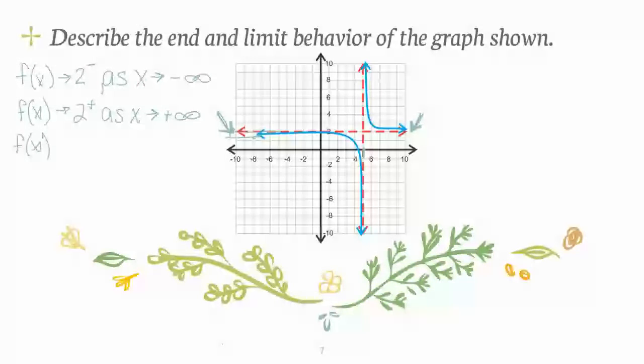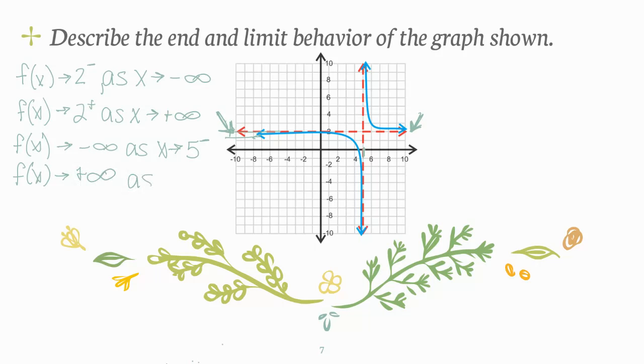Again, I'm just going to work from left to right. f of x is going down, approaching negative infinity, as x is approaching the asymptote from the negative side. Then if I look at the positive side, the right side, the graph is going up to positive infinity as we're looking at the asymptote from the positive side.